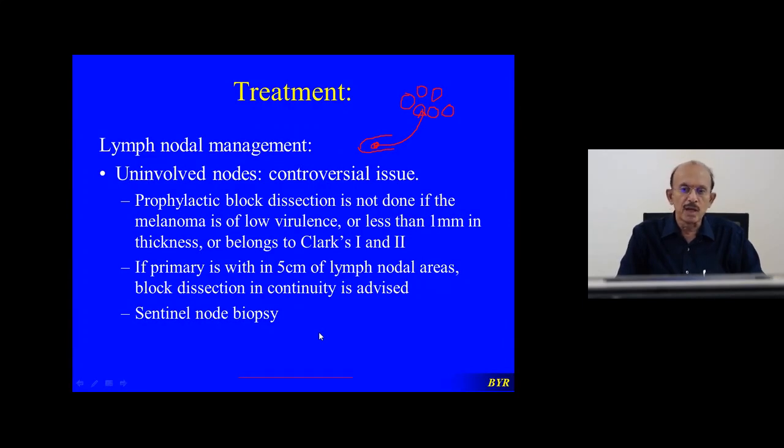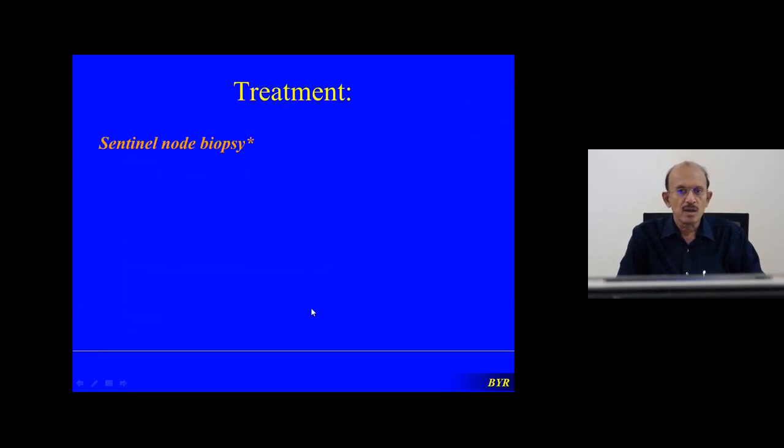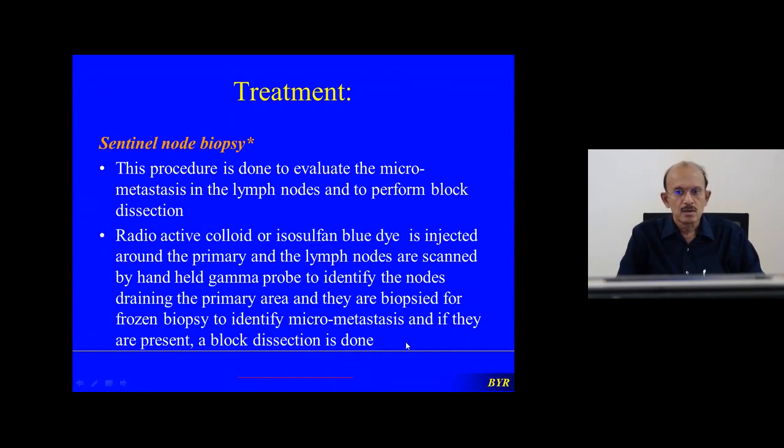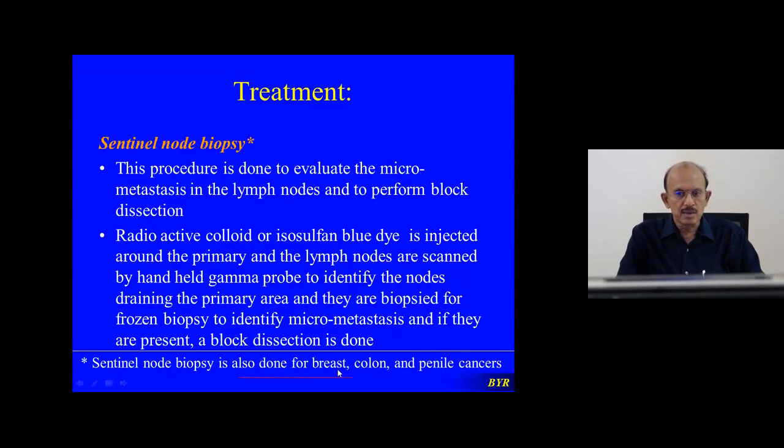You do sentinel node biopsy, and if the sentinel node biopsy is positive, then you go and do the block dissection. Okay, this is the method of doing sentinel node biopsy. Sentinel node biopsy is also done for breast, colon, and penile cancers.